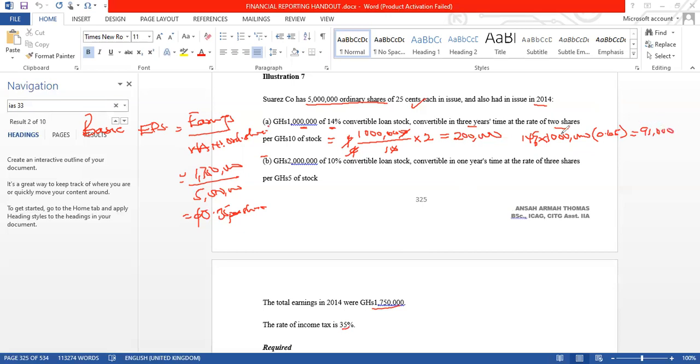Okay. Here in same, we want to see which one will dilute our basic EPS. All right. So we have 2 million. And they told us that for every 5 cedi, we'll get 3 shares. So for 5 cedi out of this, remember it goes up, we are getting 3 shares. All right.